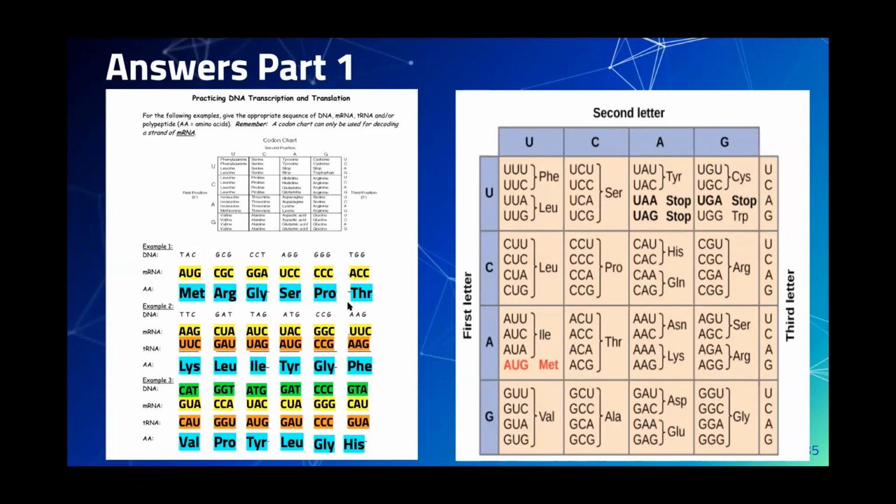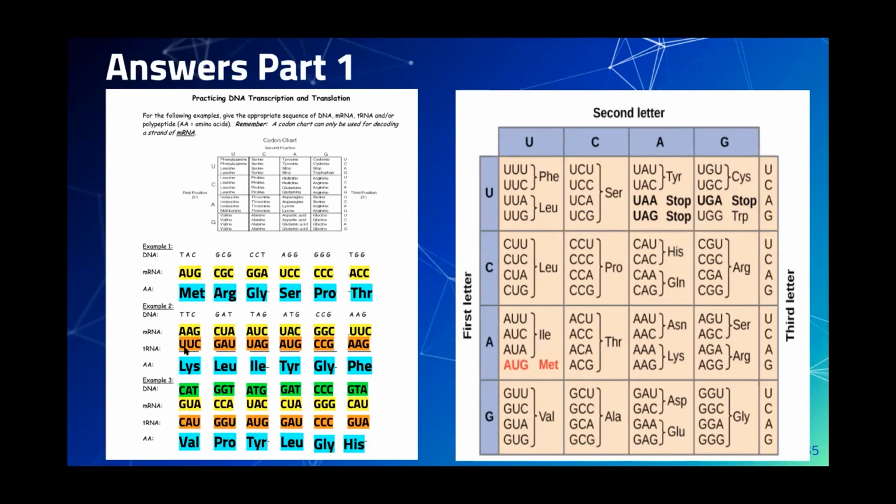But yeah, so for example 2, TTC would be AAG, GAT would be CUA. Remember that instead of thymine, it's uracil. TAG would be AUC, ATG would be UAC, CCG would be GGC, and then AAG would be UUC.